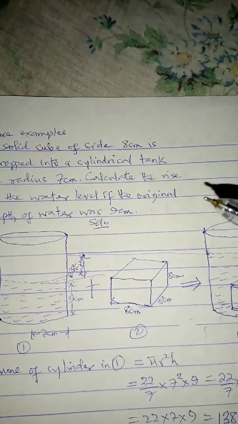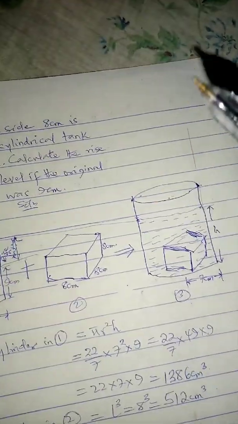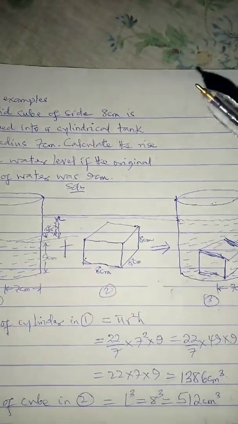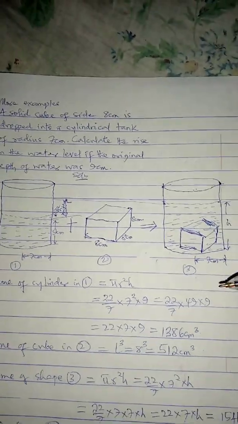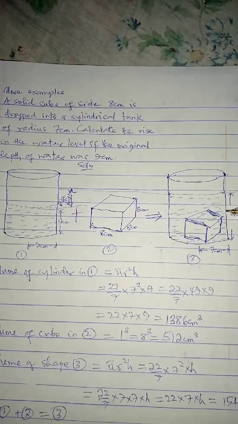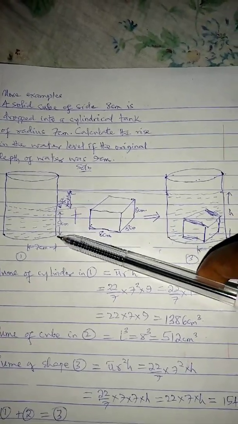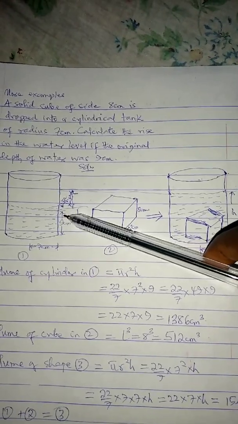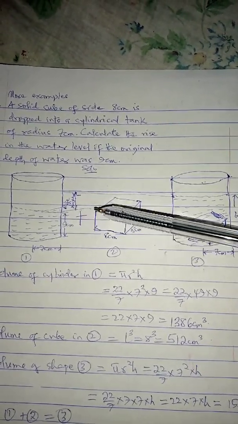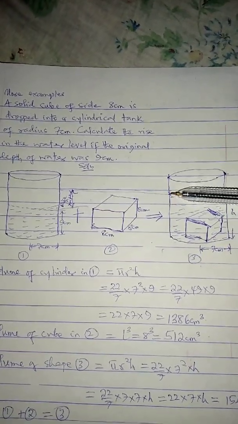After dropping it into the cylinder with water, you will generate something like this. When you drop this cube into this cylinder containing water at this level, the water level will rise to this new level.